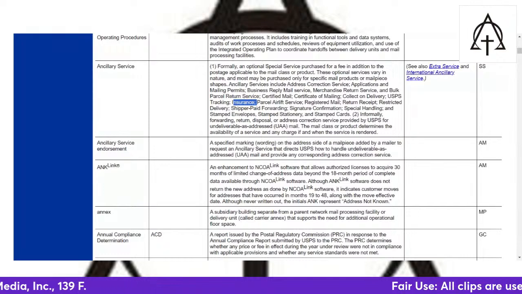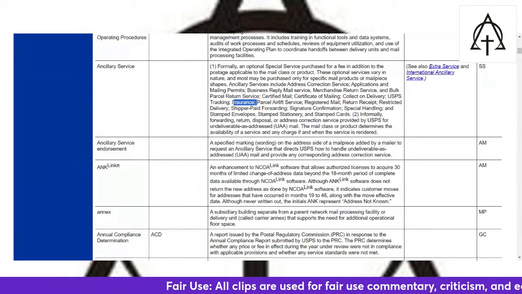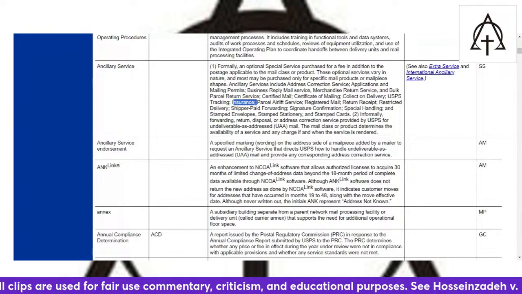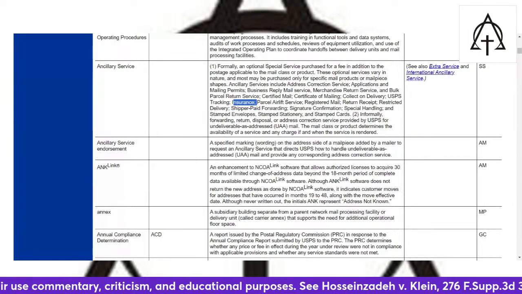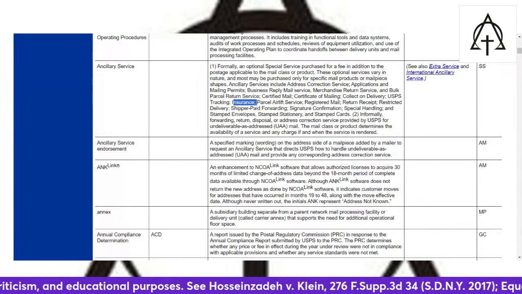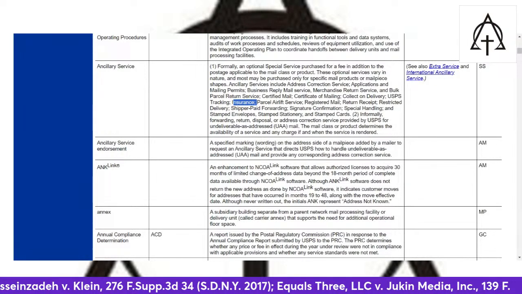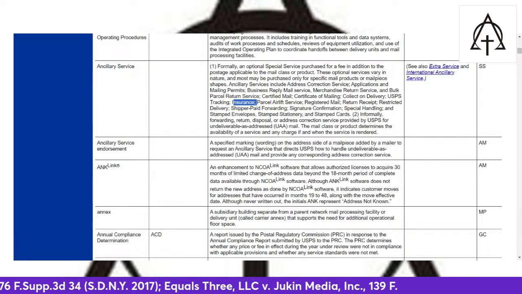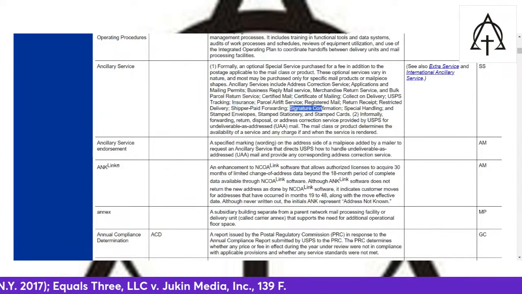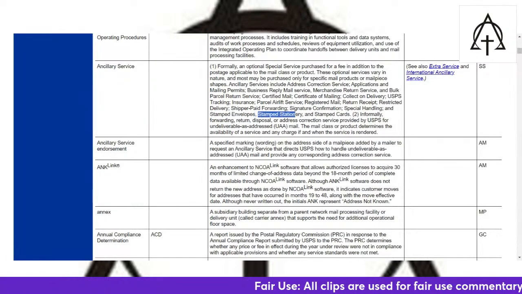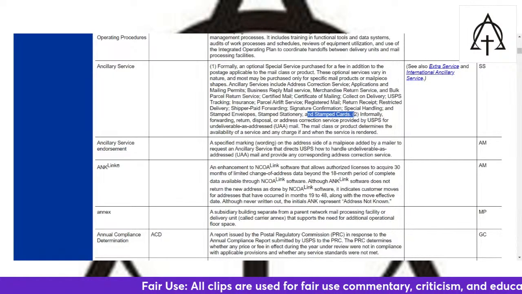You guys catch that? That's an ancillary service. And if you're a beneficiary, you still have benefit of ancillary services just as much as you would have the internal services. Parcel airlift service, registered mail, return receipt, restricted delivery, shipper paid forwarding, signature confirmation, special handling, and stamped envelopes, stamped stationery, and stamped cards.